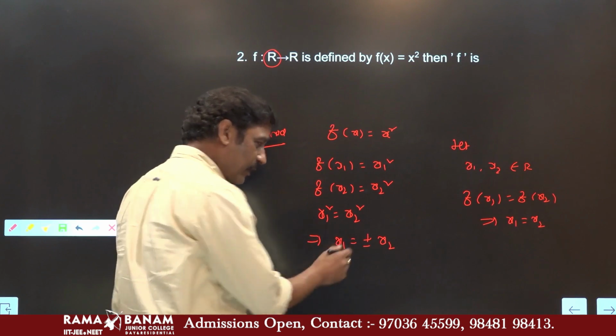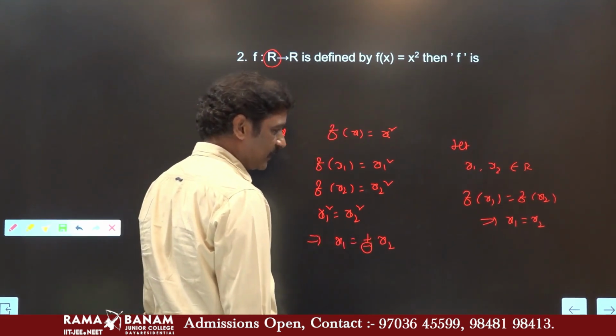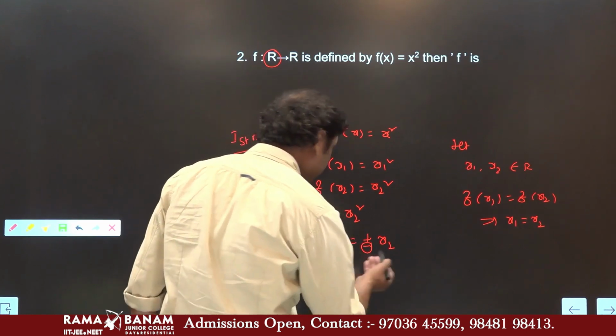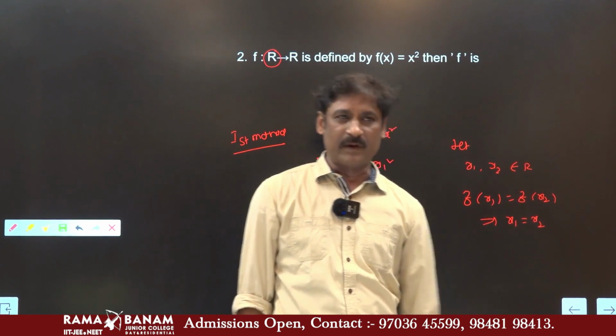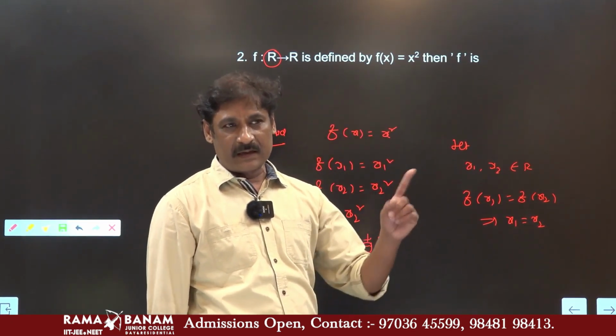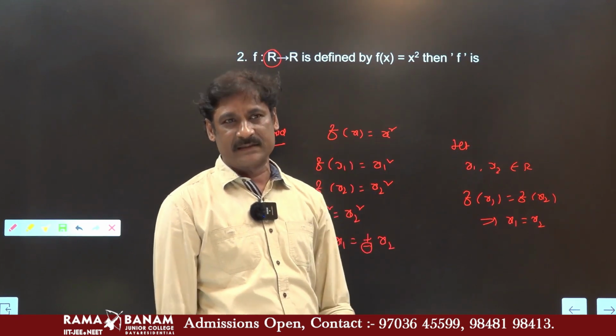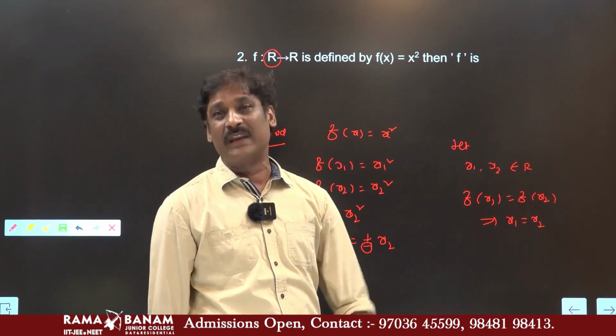So we got an extra negative sign here. It is not a 1-1 function. It is a many-one function. As per the concept, if it is not a 1-1 function, it is said to be many-one. A while ago we discussed this concept. 1-1 means different elements in the set have different images. What is many-one? Two or more elements in the set having the same image is said to be a many-one function.